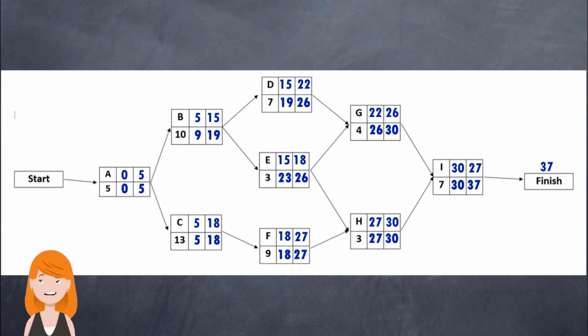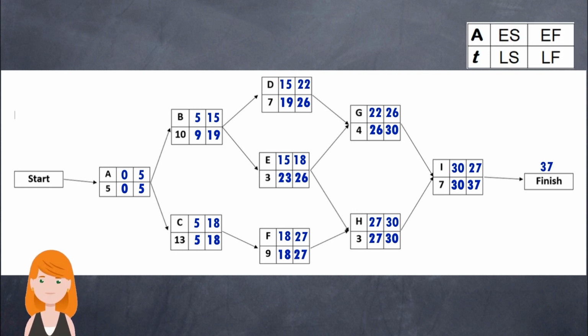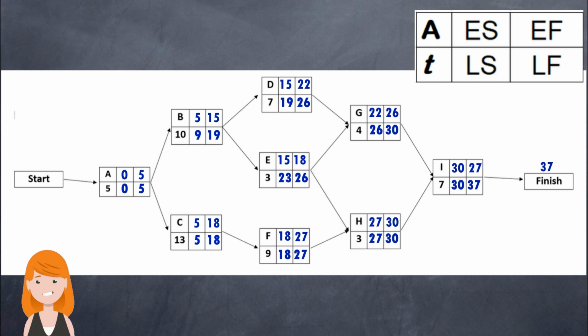Now, slack for an activity is defined as how long the activity can be delayed without extending or increasing the project completion time. And it is calculated as LS minus ES, or LF minus EF.